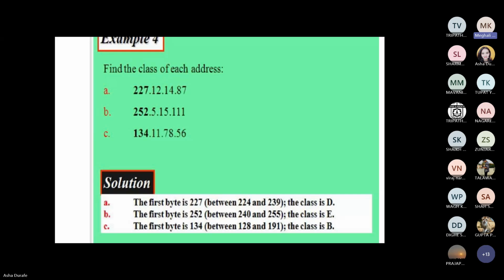It is between 224 to 239, so it is class D. In example B, the first byte is 252. It is between 240 and 255, so class E. And in example C, the first byte is 134. It is between 128 and 191, so it is a class B IP address. Okay, so just by looking at the first byte, you have to tell this.